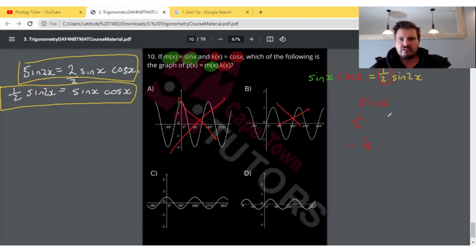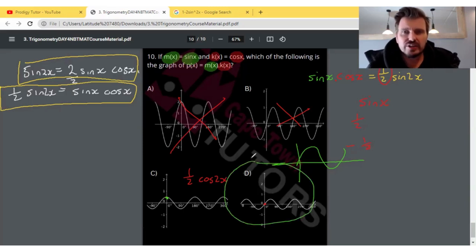Well, what does our sine graph do? Our sine graph just starts at 0, right? So it's D. This would be a half cos 2x, this one over here. So that's not correct, because you see it starts at half, whereas your sine graph always starts at 0, doesn't it? So it's D.